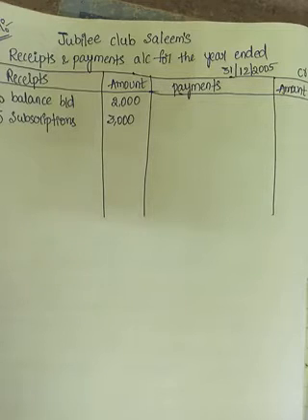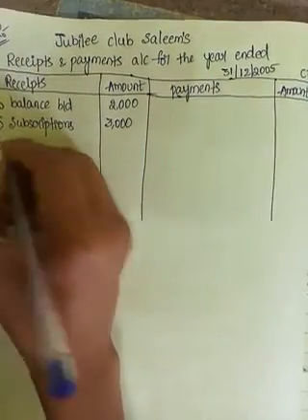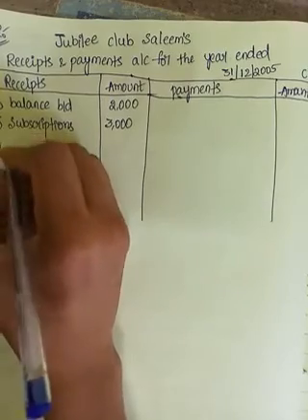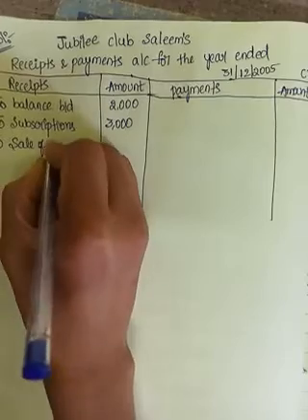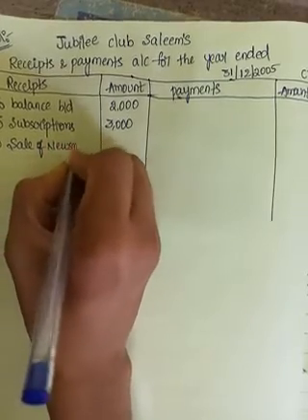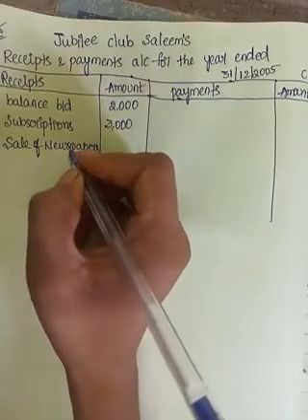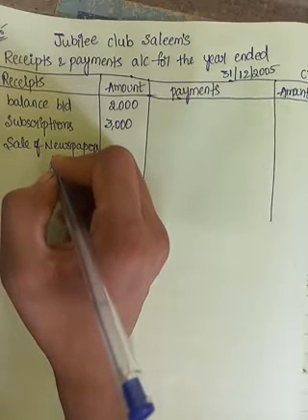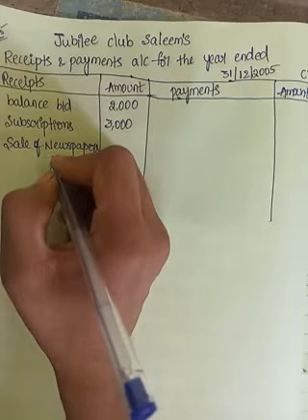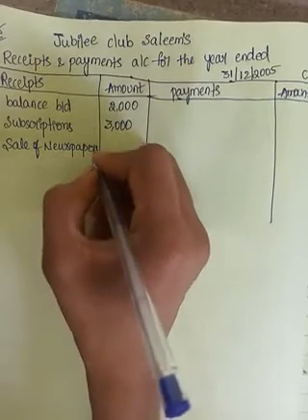Next is to sale of newspapers. To sale of newspapers is 50 rupees.